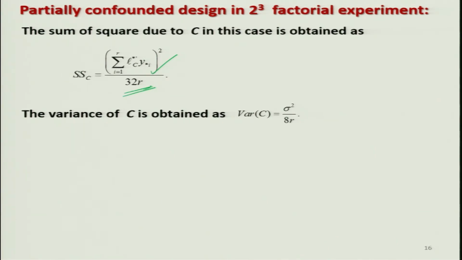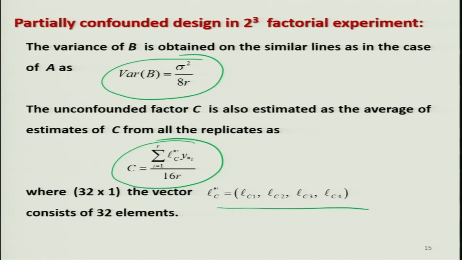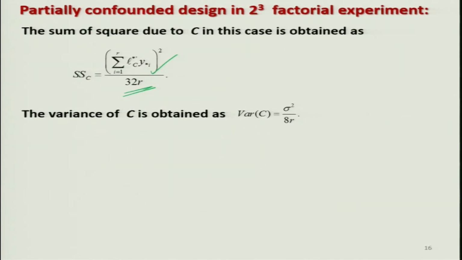And the variance of C is the same: as you have found the variance of A as sigma square upon 8R, and variance of B sigma square upon 8R, similarly the variance of C is going to be sigma square upon 8R, no problem.